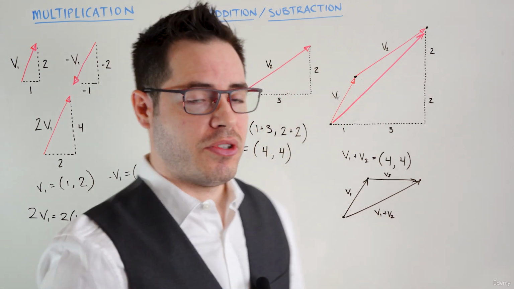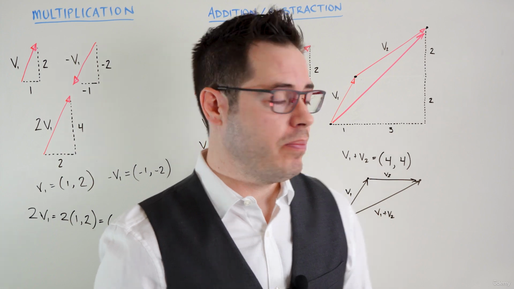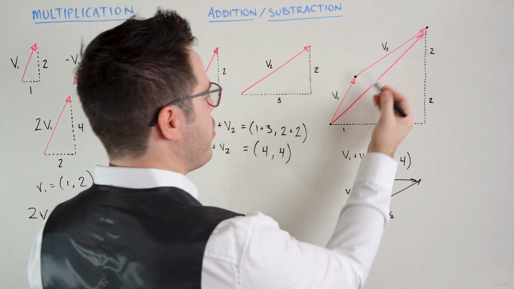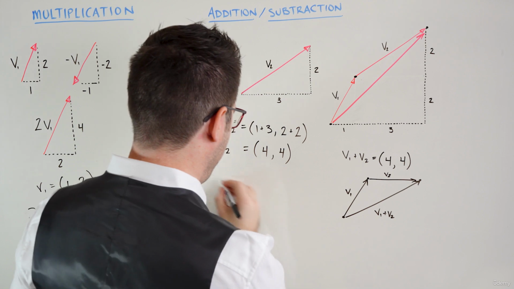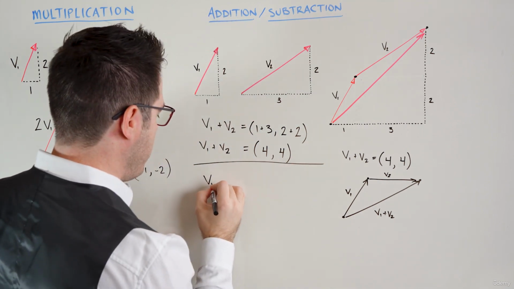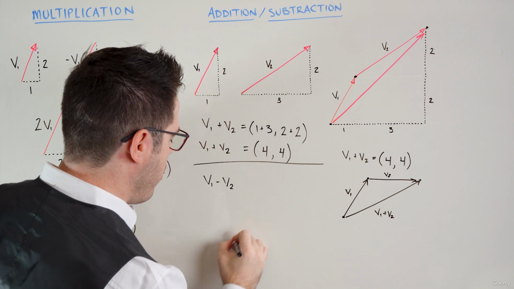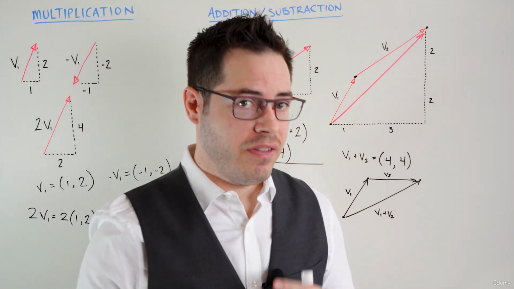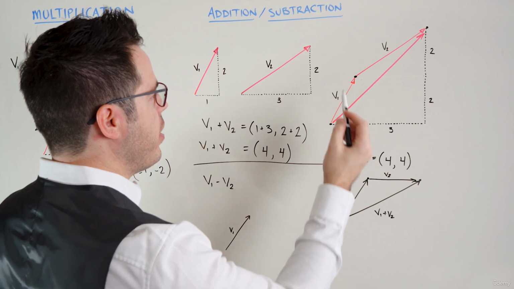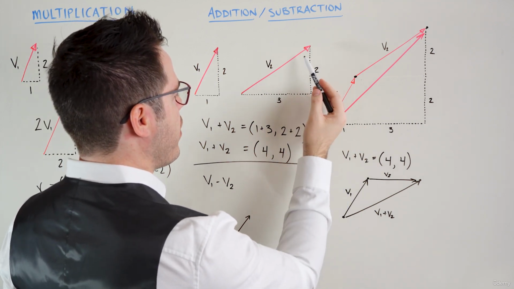Now, what if we want to subtract? Well, subtraction is really just an addition problem. If we want to subtract v2 from v1, in other words, what's the result of v1 minus v2? Well, all we have to do is draw v1 and add negative v2. We know that v2 is the vector 3, 2. What is negative v2?